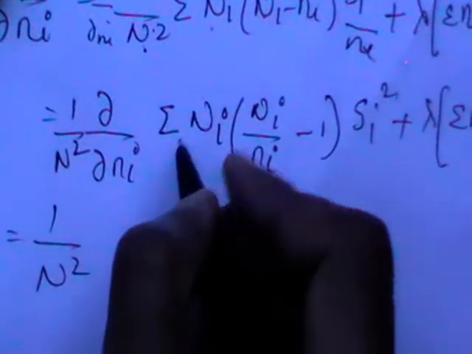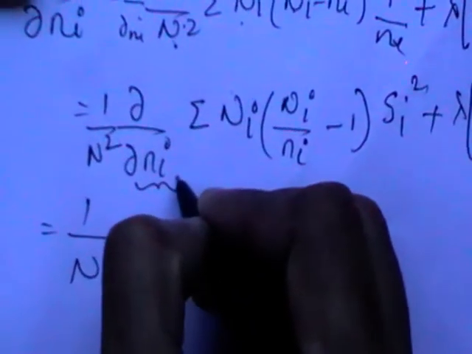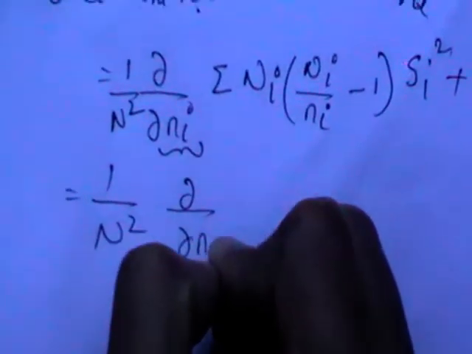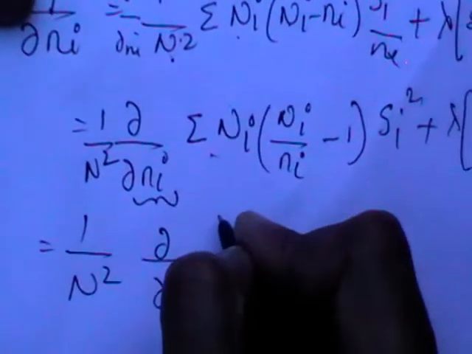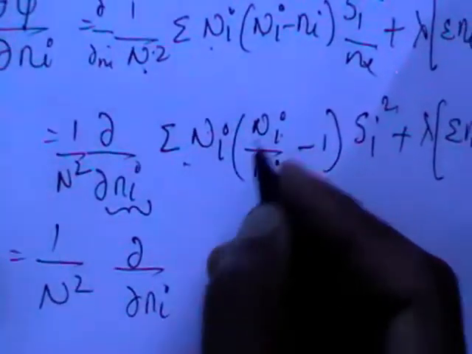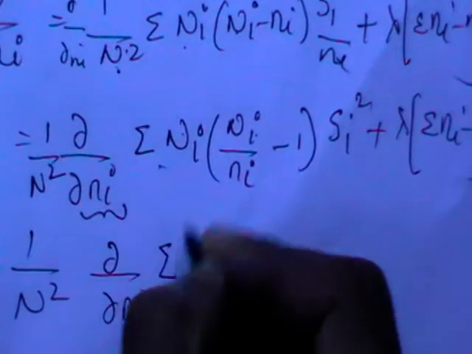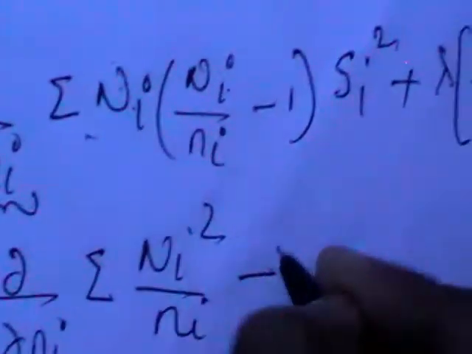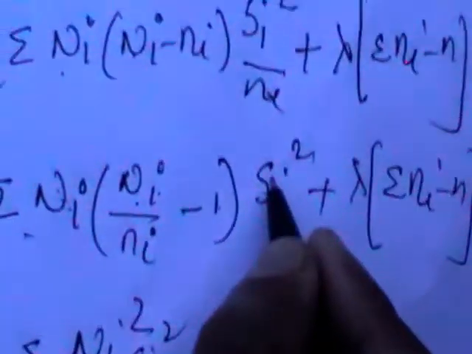You are going to differentiate with respect to ni. So dou by dou ni of the first term, if you multiply, you will get sigma ni square by ni minus, if you multiply this also with si square, ni into ni square by ni into si square.